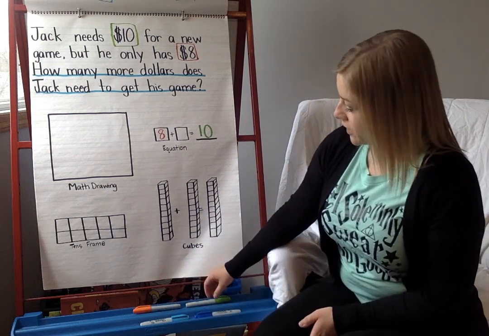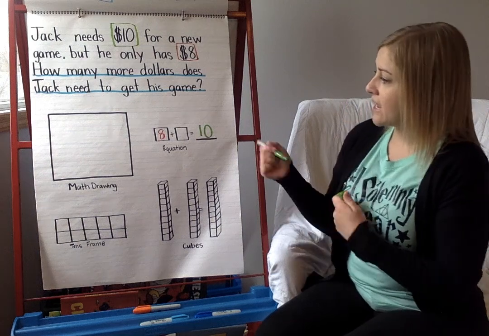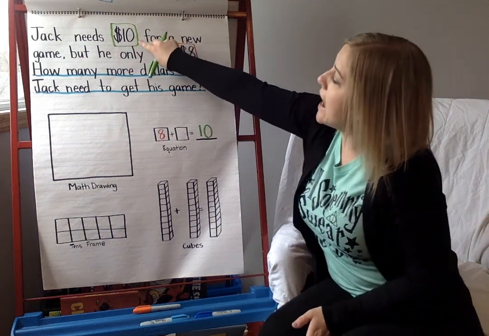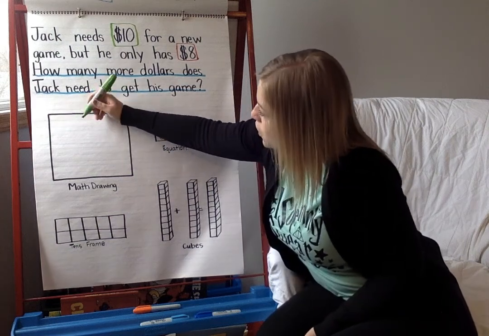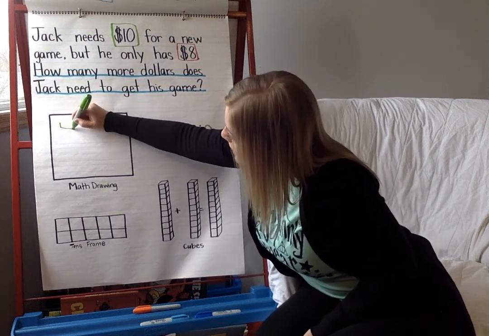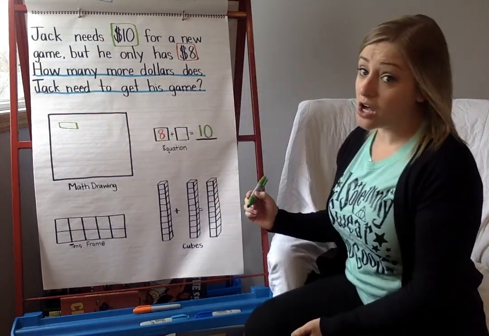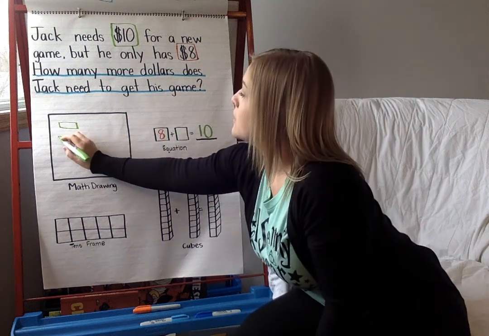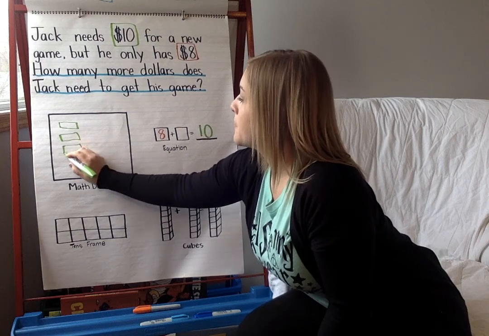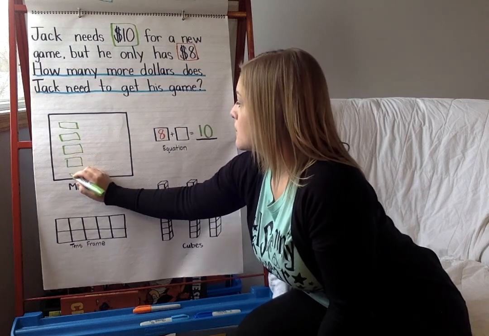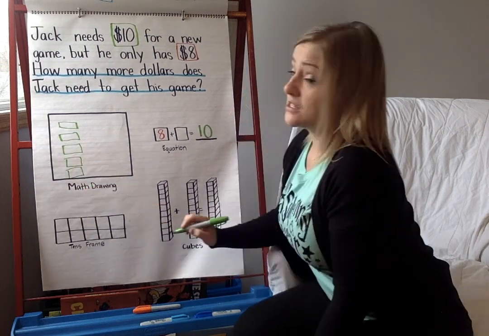So let's look over here. We know that in the end, we need to have $10. So I'm going to draw 10 rectangles, because dollars look like rectangles, over in our math drawing. These aren't very good.